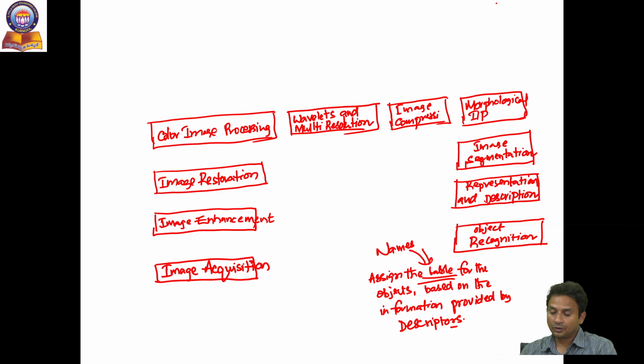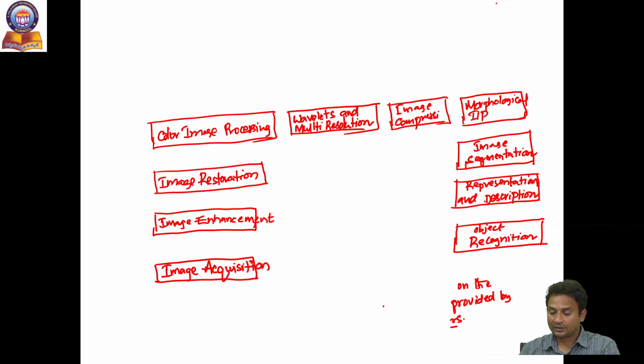The information provided by the descriptors helps to name the student objects as students, table objects as tables, fans as fans, and lights as lights. So object recognition is the process that assigns labels or names to the objects which were segmented in the segmentation process.